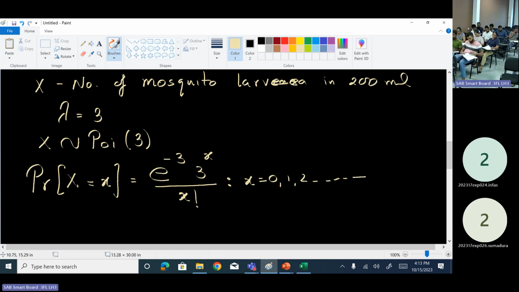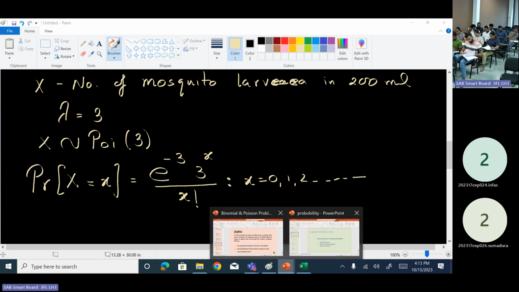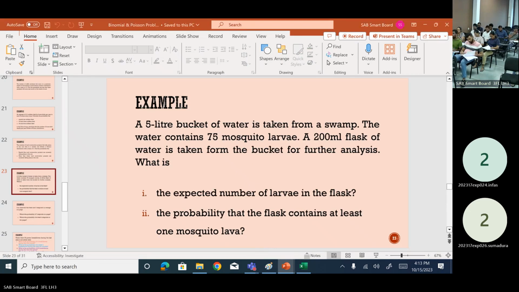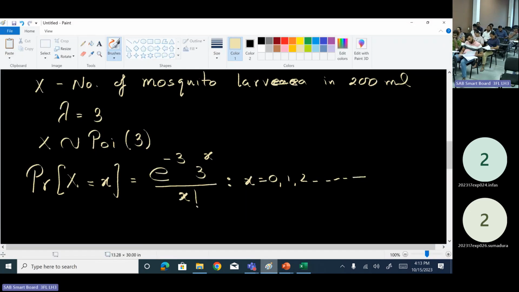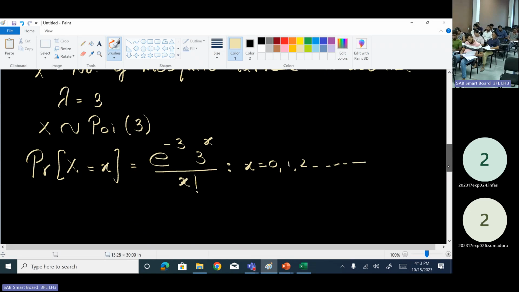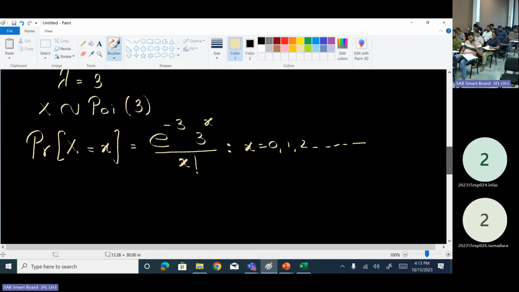So what are they asking us? They are asking us for at least one. We want the probability X greater than or equal to 1.